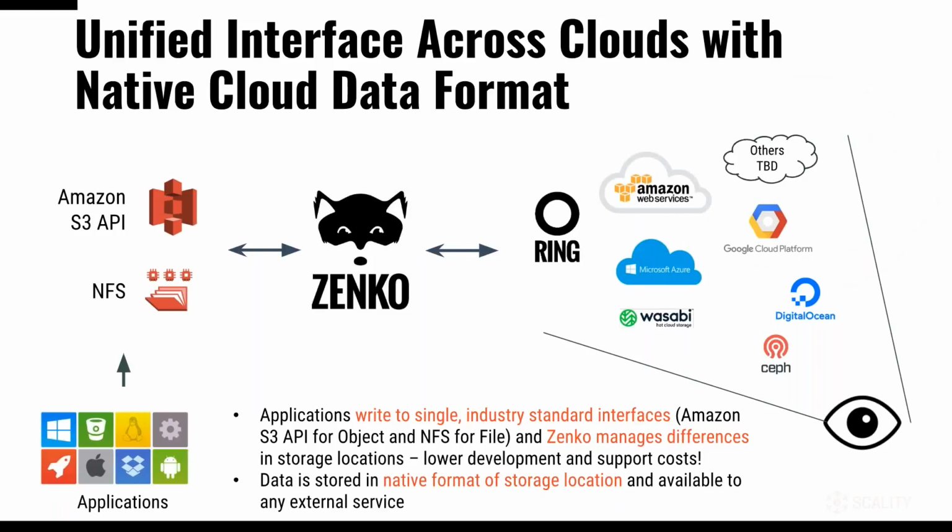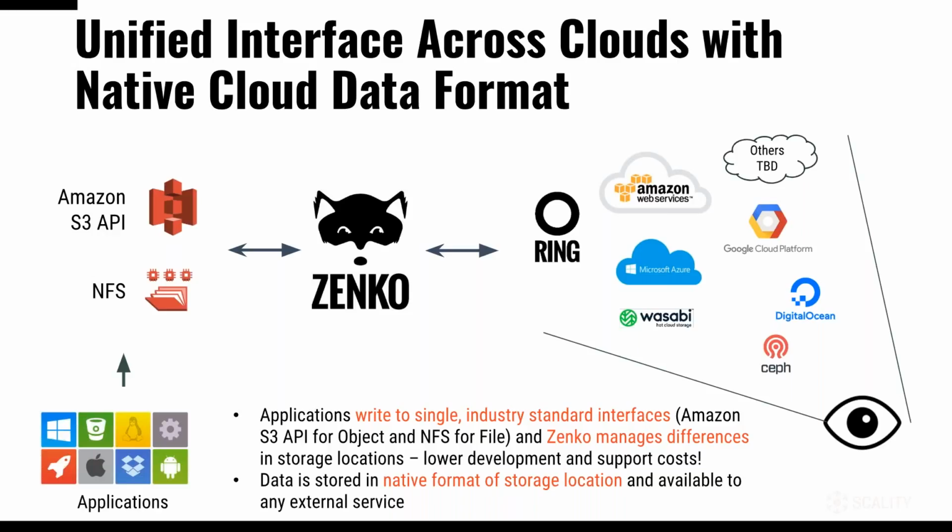If you go to the next slide. So the idea is to give you a unified interface across any cloud, right? And one of the reasons why we open source is we think that there's a lot of different clouds that can be attached to Zenko, and we design it in a way that's very open. So we expect other people to help us and add more of these backends. So I'm happy to say that in version 1, we support Amazon, Google, Microsoft Azure, DigitalOcean, Wasabi, and Ceph as a backend store.